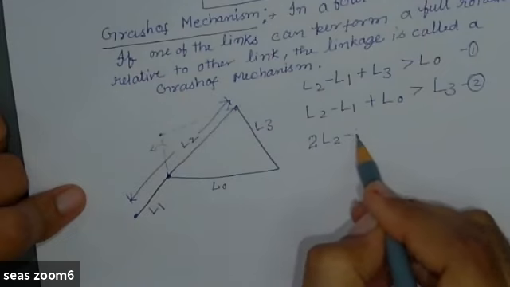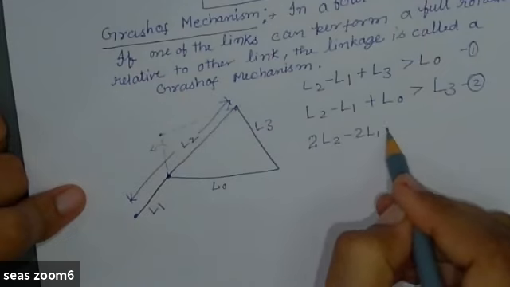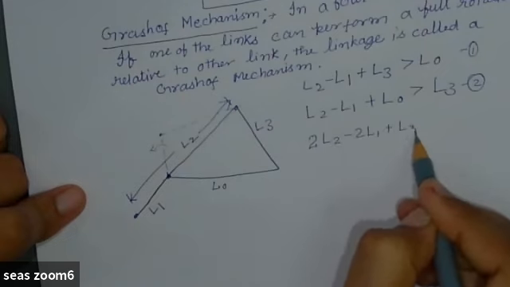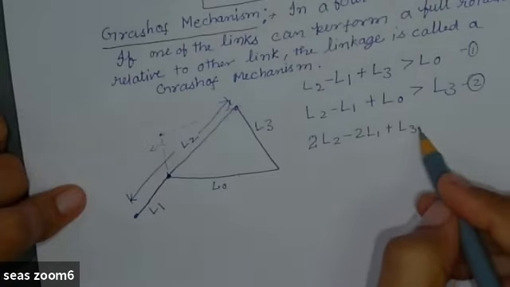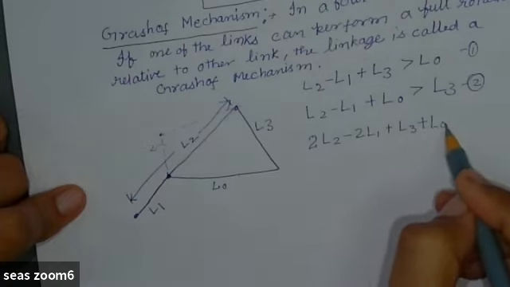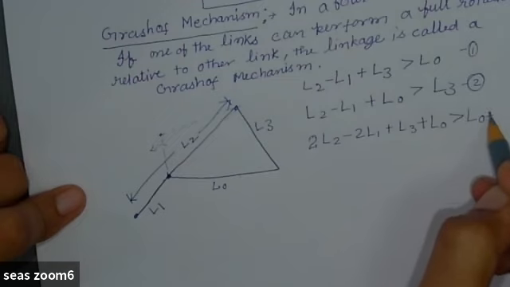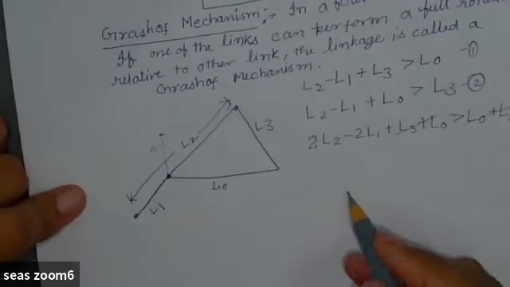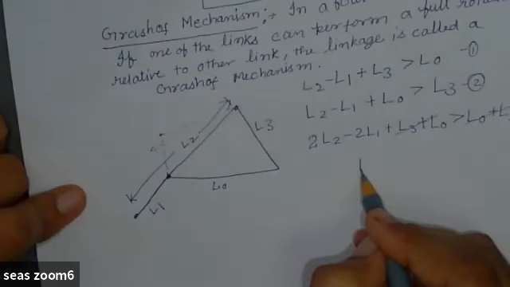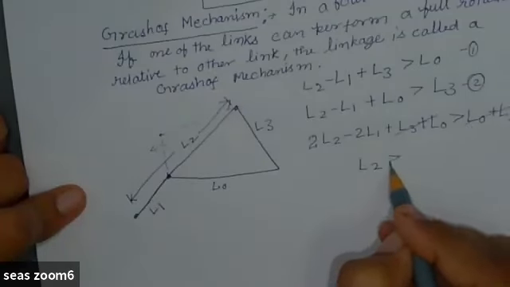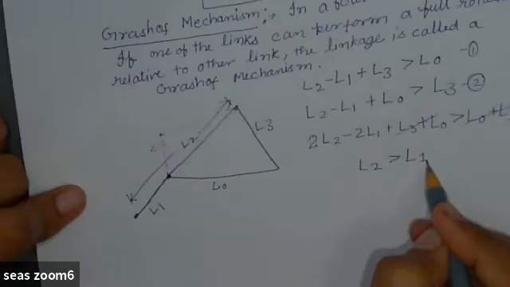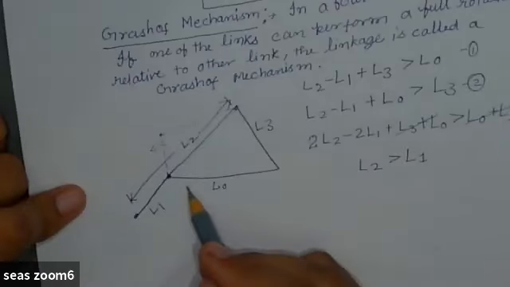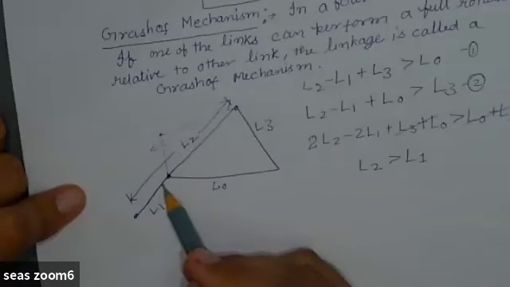If we add these two equations, then we can write 2L2 minus 2L1 plus L3 plus L0 must be greater than L0 plus L3. So L0 and L3 cancel out, and then we can write L2 is always greater than L1. If this is happening, it means that rotation is possible.